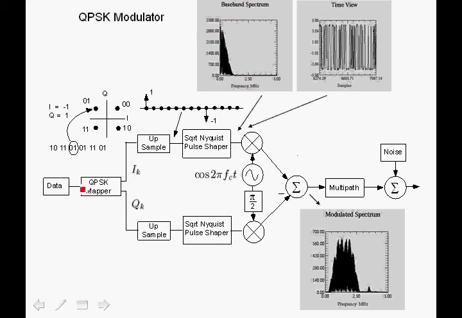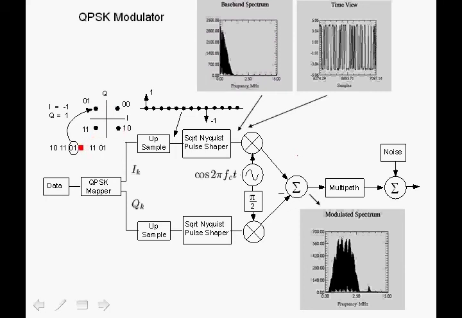Consider the data source that generates binary ones and zeros with equal probability. For example, we have a sequence shown over here, and we take every 2 bits and map them to a constellation point as shown. So for every 2 bits we have 2 to the 2, or 4, possible constellation points that we show over here.